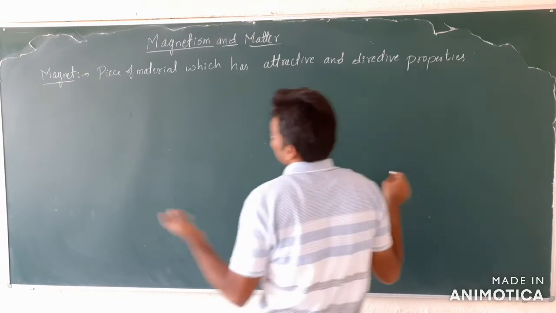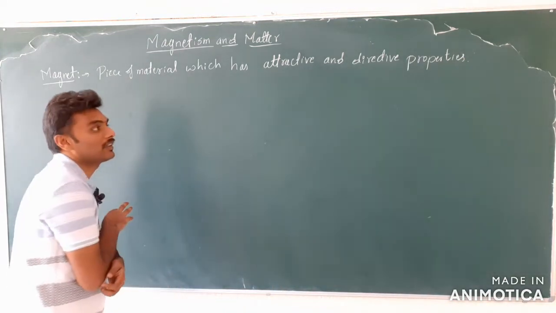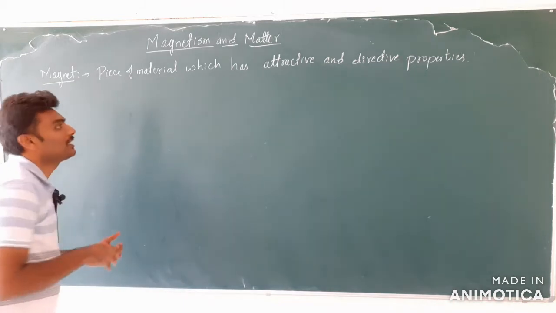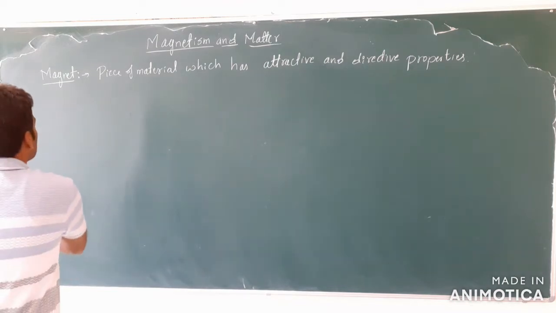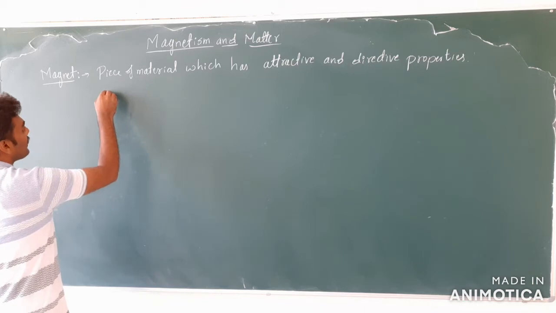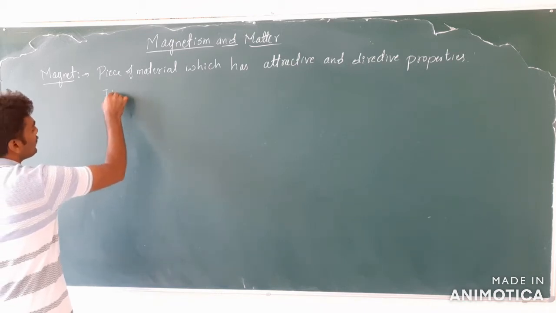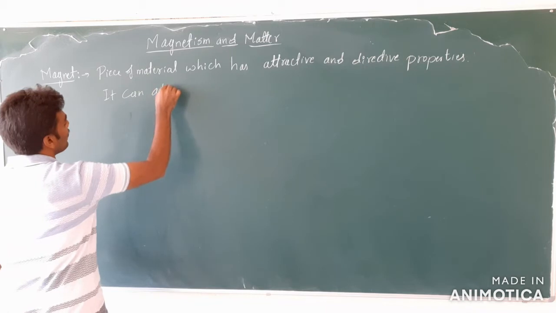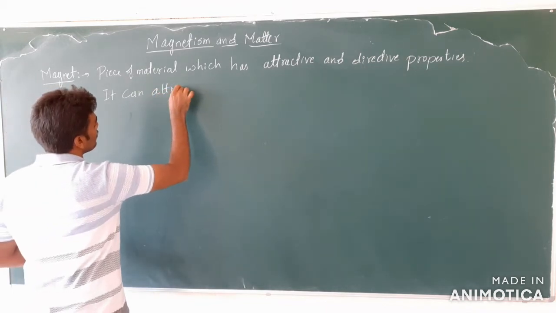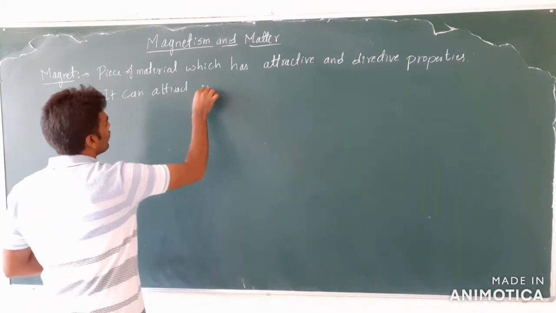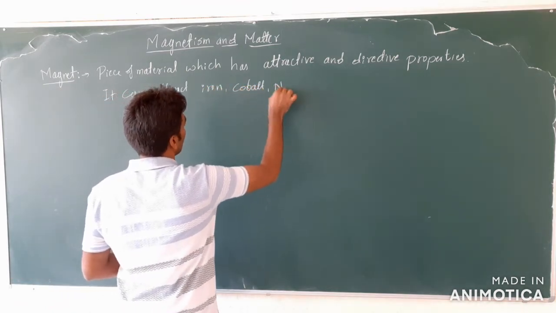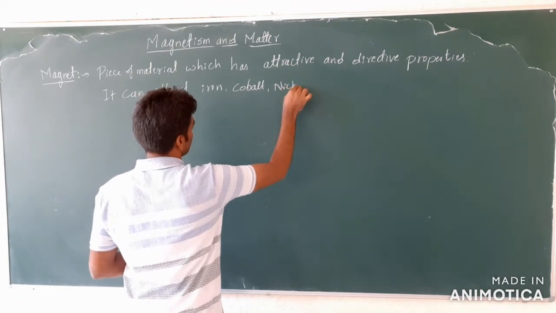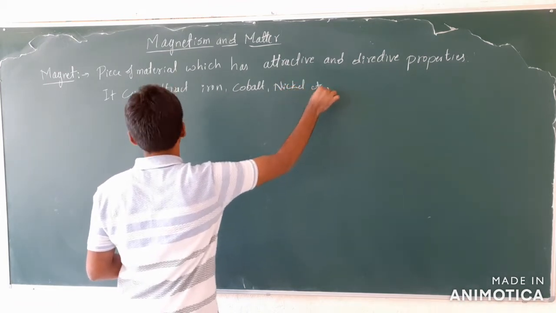So this is the definition of magnet that we can take. What are the materials or substances which this magnet can attract? As I've just shown you, the magnet can attract small pieces of iron, cobalt, nickel, etc.